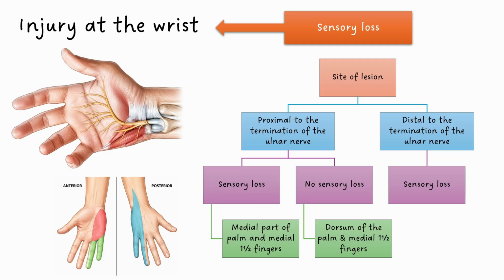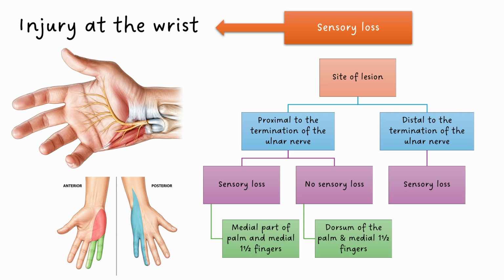So that is why the dorsum of the palm as well as the dorsal side of the medial 1.5 fingers is not affected. Whereas we see sensory loss on the medial part of the palm because the palmar branch is given near the flexor retinaculum, as well as the superficial branch, because it is proximal to the termination. So the superficial terminal branch is also affected and that results in loss of sensory supply over the medial 1.5 fingers.